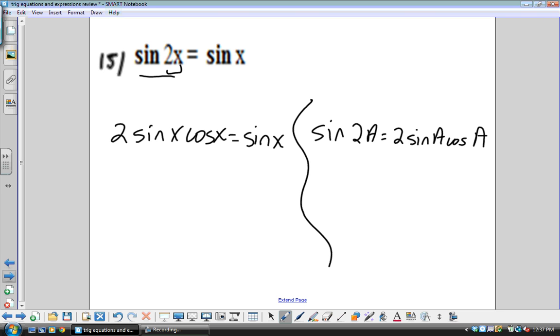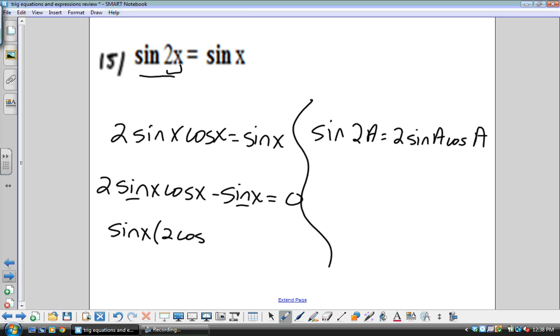Now, notice these two are alike here, but the terms are not like terms. So what I'm going to do is try to put them together on the same side and use factoring here. So I'm going to bring the sine x over so I can try to do something with these two things. Since I have two of them there, what I can do is just factor one out. So we'll get sine x times 2 cosine x minus 1 when I factor that out.